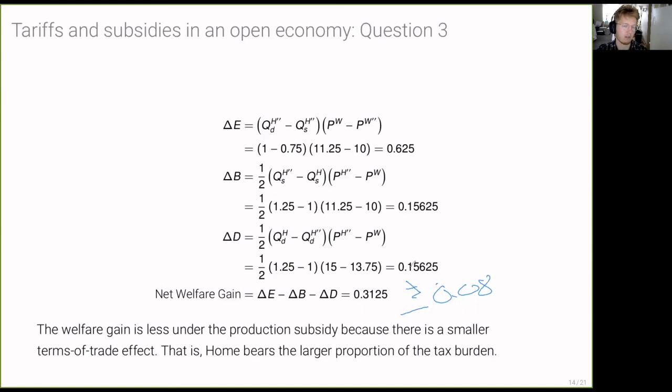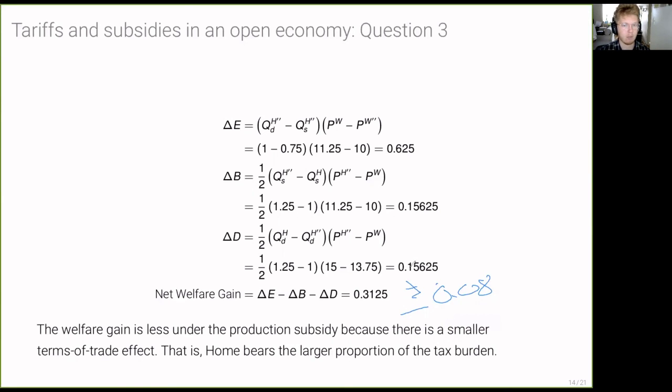So there's a larger terms of trade effect for the tariff, and likewise a smaller terms of trade effect for the production subsidy. It decreases the world price less. Therefore, Home under the production subsidy is going to bear the larger proportion of the tax burden.